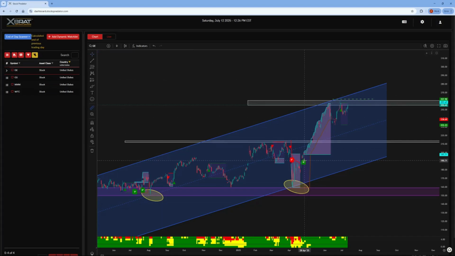Okay, so we need to look at the move from here all the way up to those highs. So it was a $52 move the last time we had full confluence. Okay, and it broke the all-time highs at that time. The all-time highs were 214 and we went all the way up to 257.